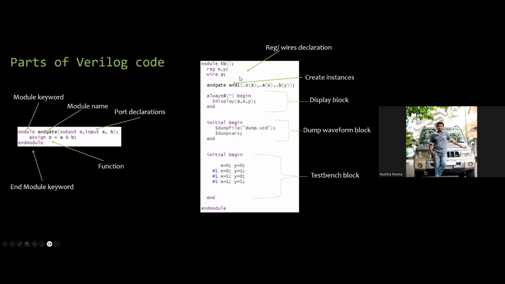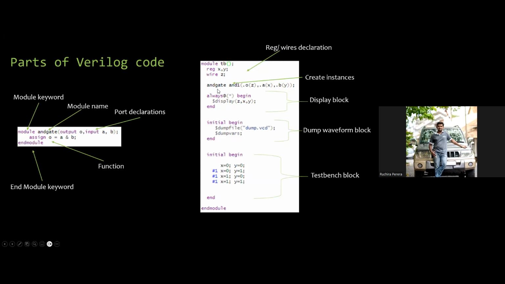In this module, you can see there are no ports declared. You can see some reg type variables x and y and a wire type variable z. These are two types of variable. I will explain them later. And in this one, if you have any programming language knowledge, you will see that this is an instance creation.